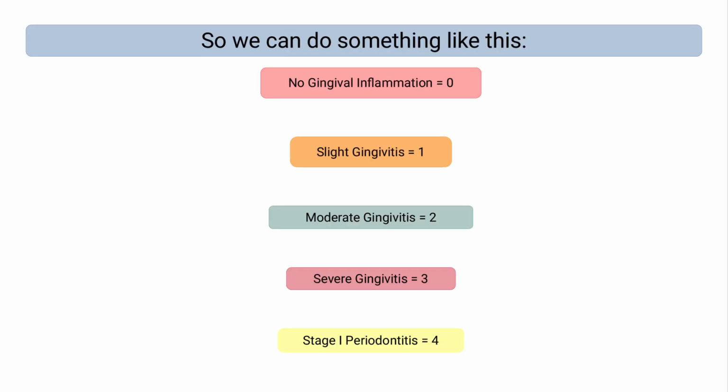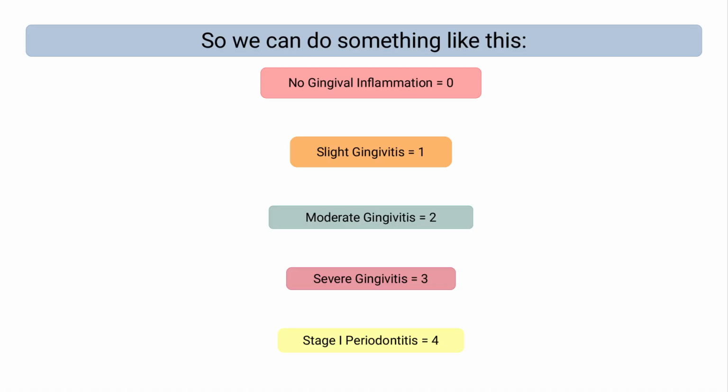So I applied that same concept to periodontal diagnosis, where I assigned no gingival inflammation or healthy periodontium as 0, slight gingivitis as 1, and so on. This is the easy way to make these kinds of assignments because you have to remember that either the input or the output has to be a number. So if you want to create something that gives you a diagnosis, it has to be a number as well.